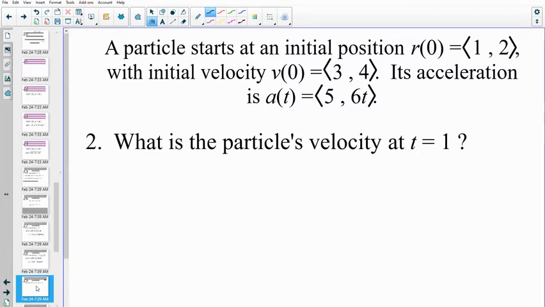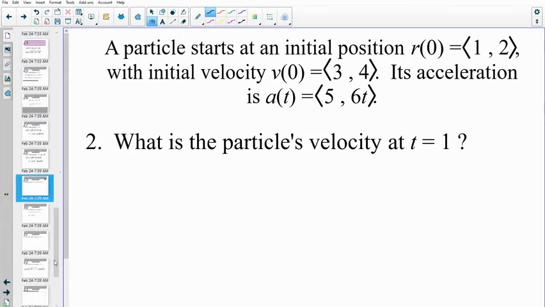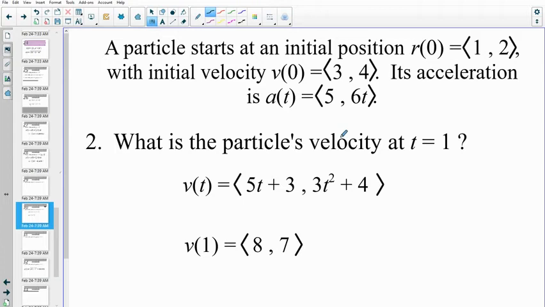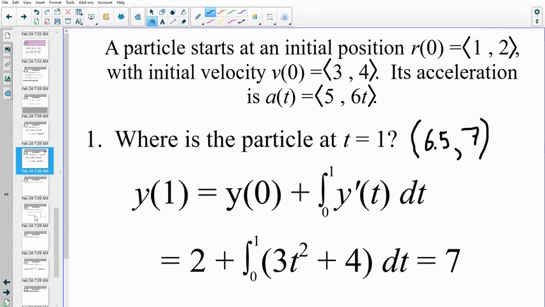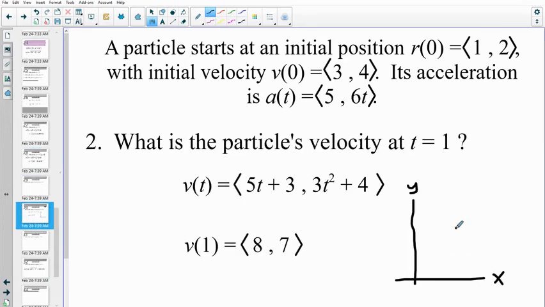How fast is it moving in terms of velocity and speed? Well, I have a velocity function. My velocity vector looks like this, so I just plug 1 into that, and I get 8, 7. So again, if I'm looking at the x and y axes, at time equals 1, the location was 6.5, 7, so that's somewhere up here in the first quadrant.